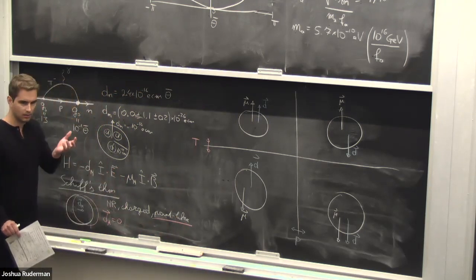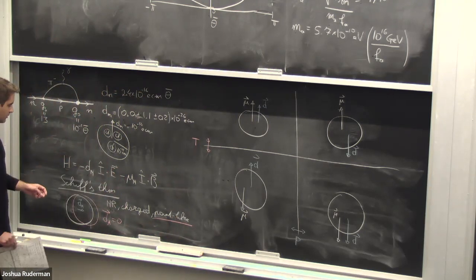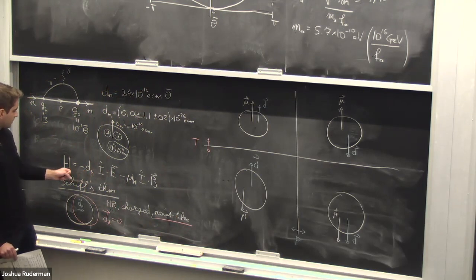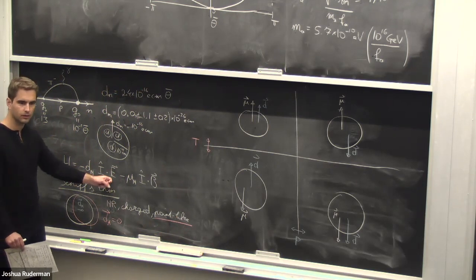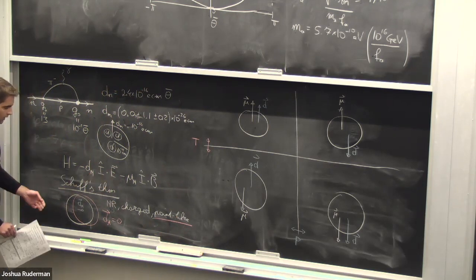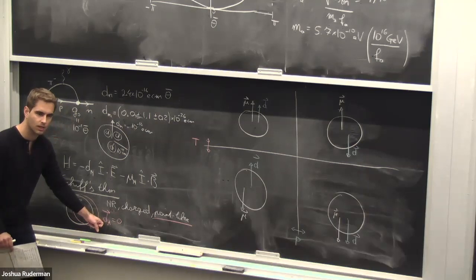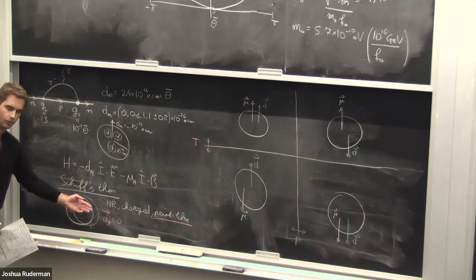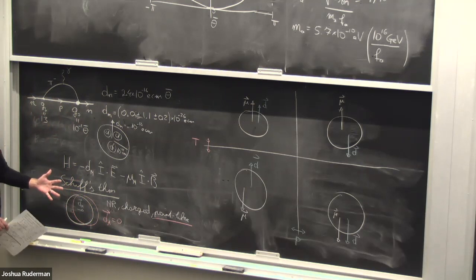So maybe I'll give you a better heuristic explanation, right? So this is the Hamiltonian for interaction of an electric dipole moment with an electric field. Let's imagine that this was not zero. So then I would apply an electric field in this direction and look for a spin precession around that electric field.